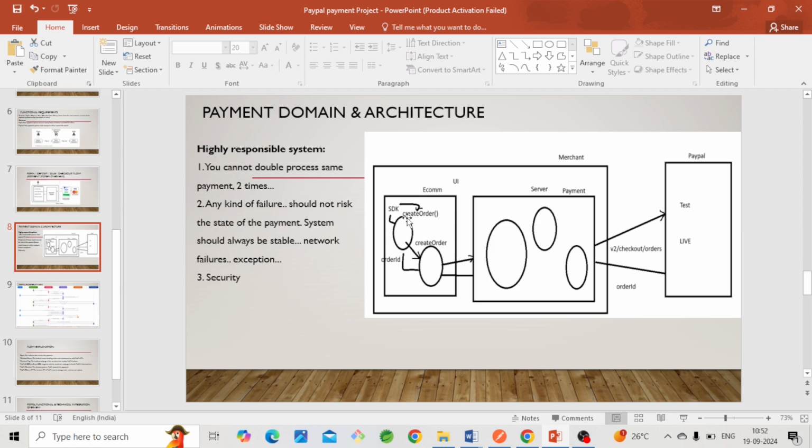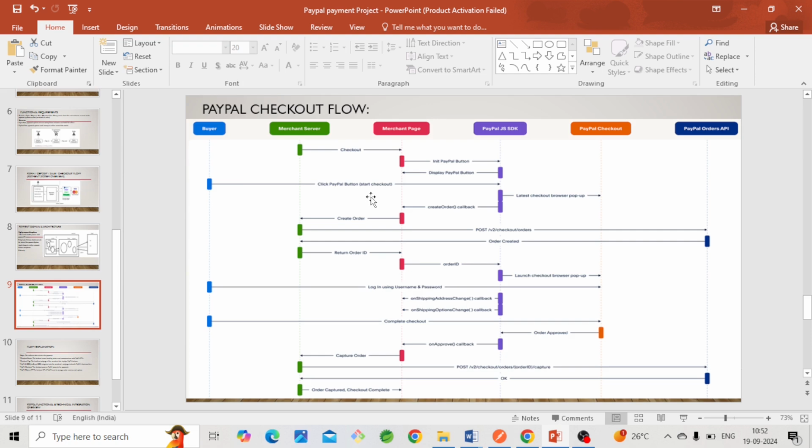When an e-commerce customer wants to buy a product, he is on a front end page and clicks on a pay button. So the buyer initiates a checkout action on a merchant page.